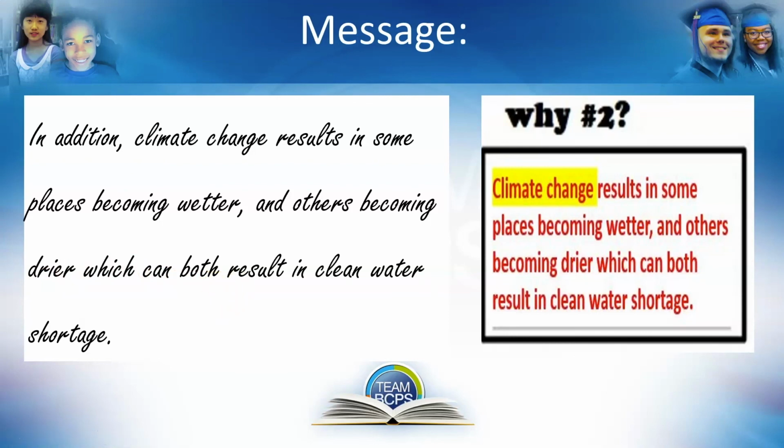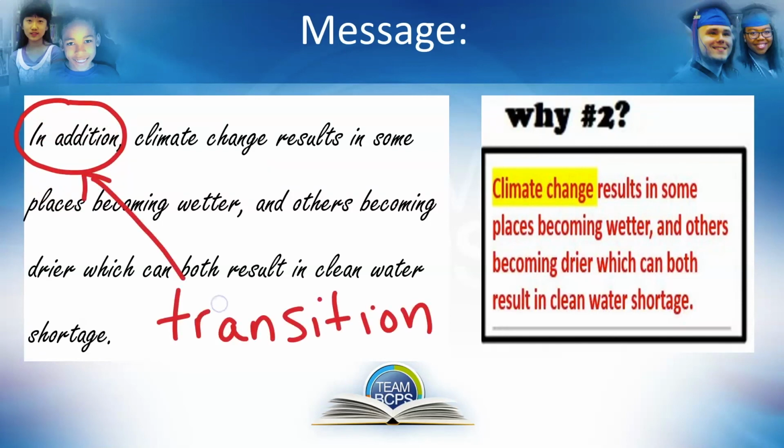Now have a look at the beginning of this sentence. What are the 2 words? In addition. This is what is known as a transition. This is a transition phrase. It connects the former sentence with the sentence here.